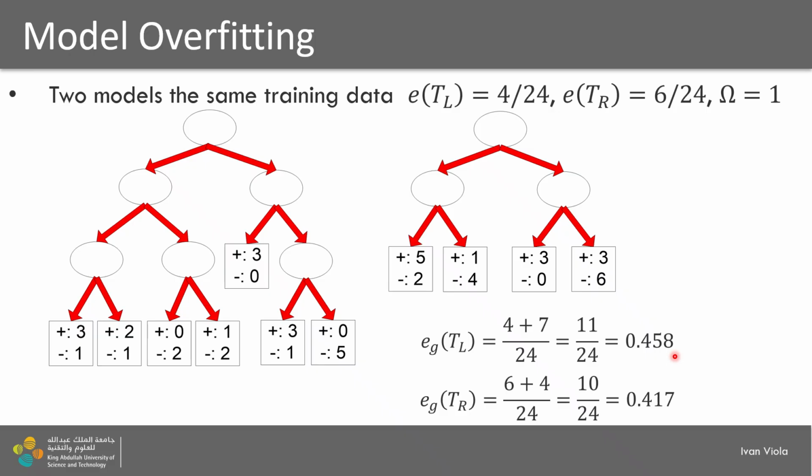0.458. And then in this case, although we have a higher error for this tree, it's a very simple tree, so the model complexity is very low, and that will lead to a slightly lower error rate, which takes the model complexity into account, and this model will then be preferred eventually.